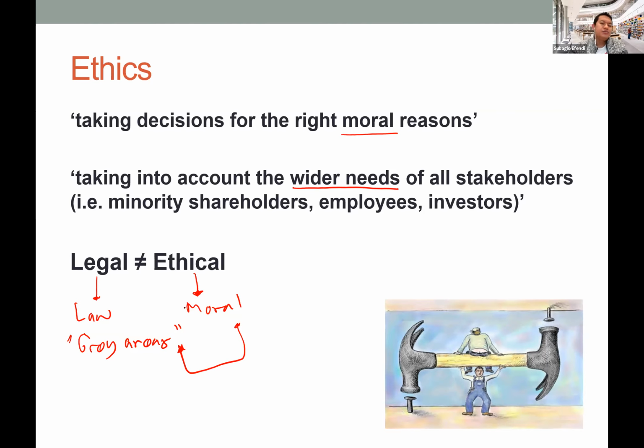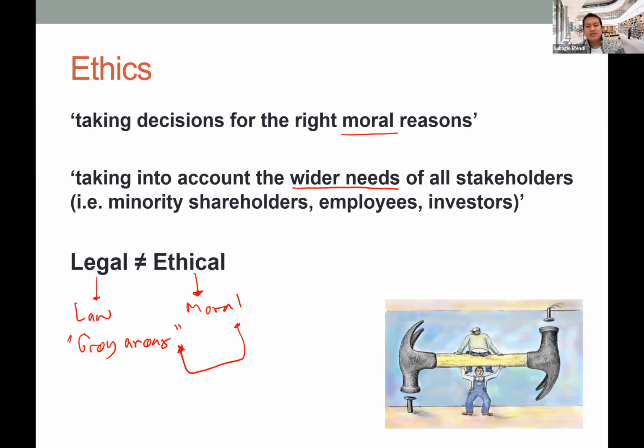Our discussion is mostly based on moral, because in accounting, mostly the accounting techniques, accounting policies, accounting choices are all legal. It's all provided by the accounting standard, which is legal. But sometimes when the company chooses certain policies or accounting choices, it could be unethical.